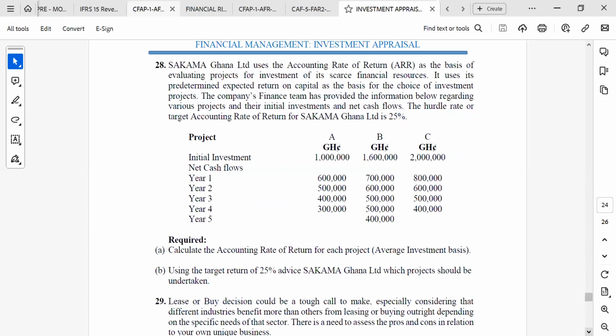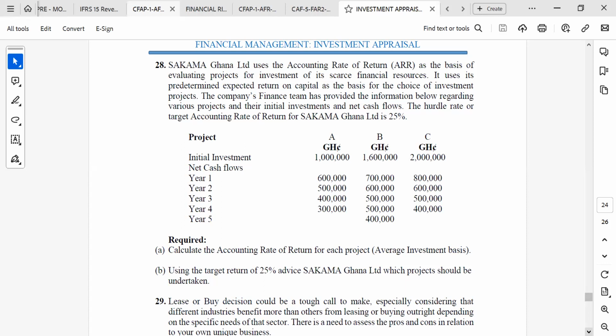Who is reading up for us? Question 28. Yes, please. Sakamagana Limited uses the accounting rate of return, ARR, as the basis of evaluating projects for investment of its scarce financial resources.